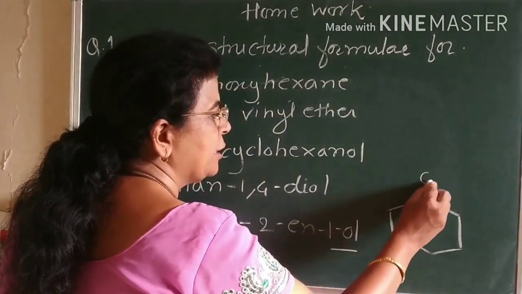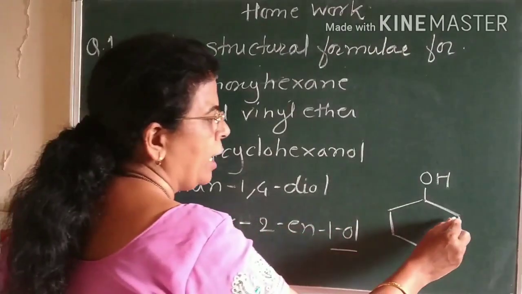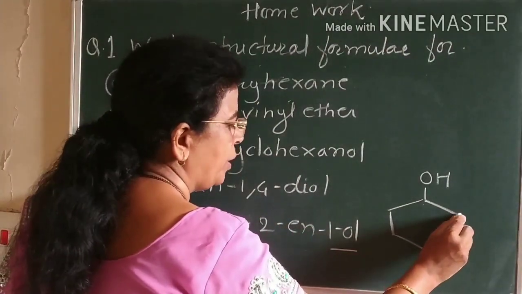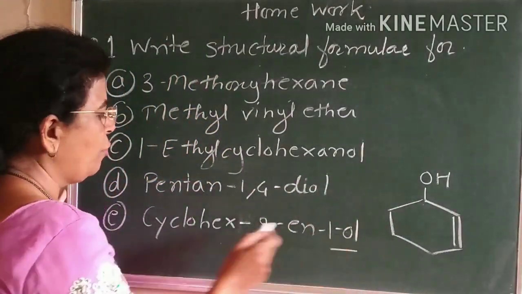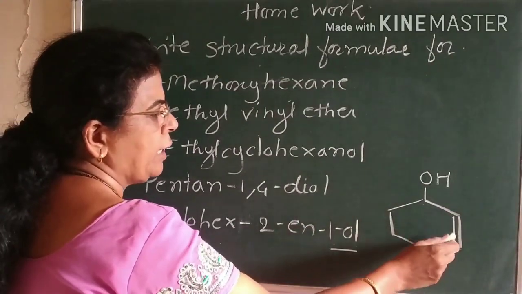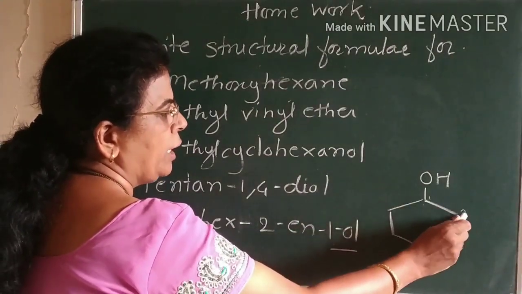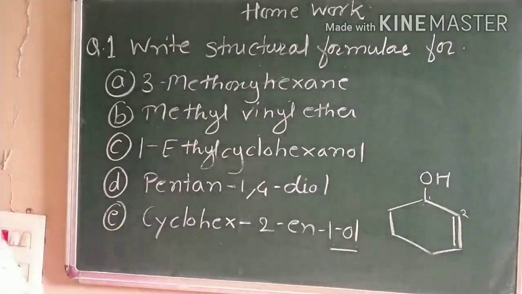If we consider this the first position, then it becomes cyclohexanol, and at 2 position here there is a double bond. This is the structure of cyclohex-2-en-1-ol.